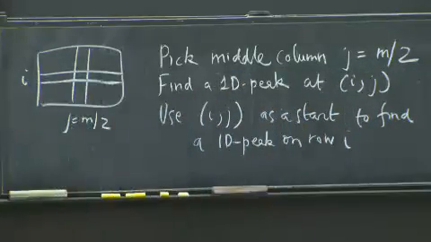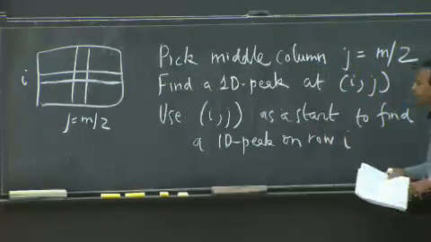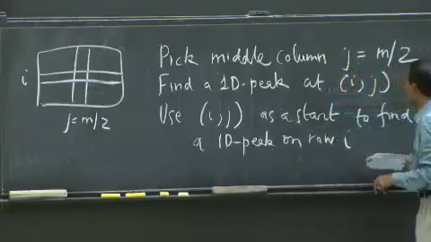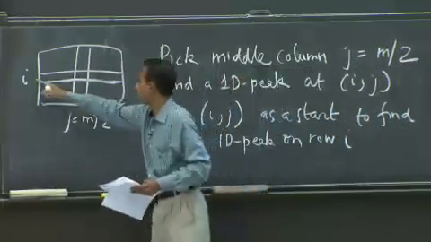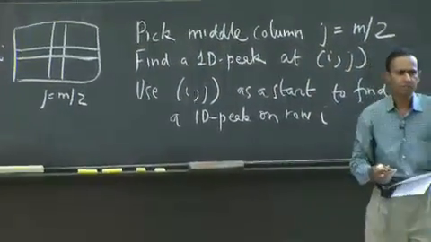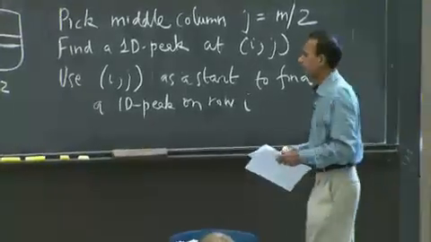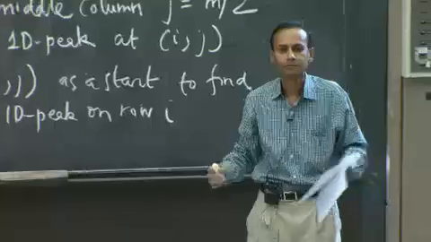Oh, I'm sorry, you're right, the log n complexity, that's what this was. Thanks, Eric. And then once I do that, I can find a 1D peak on row i. In this case, the row would be m wide, so it would be log m complexity. If n equals m, then I have a couple of steps of log n, and I'm done. Right? Am I done?